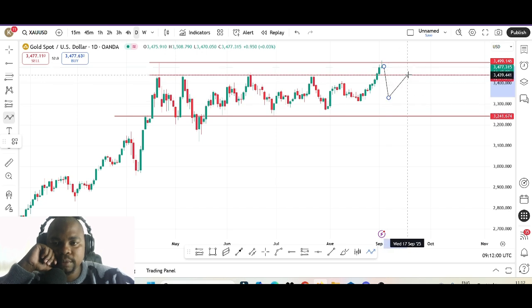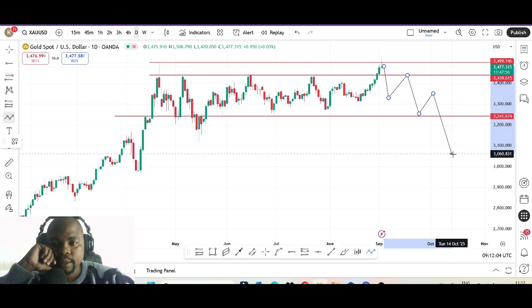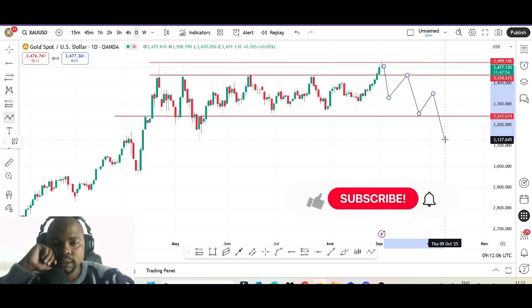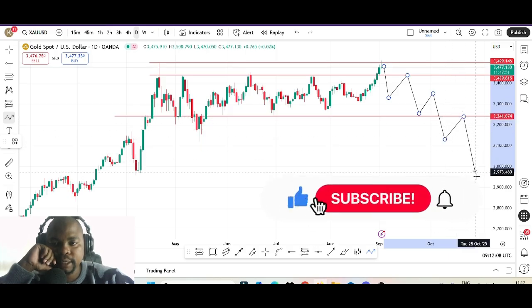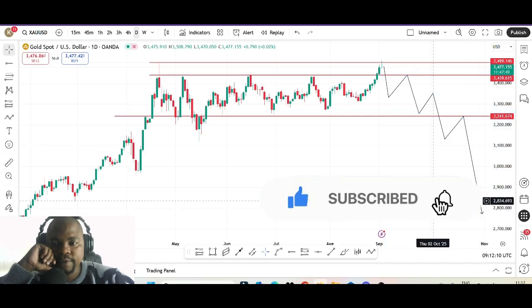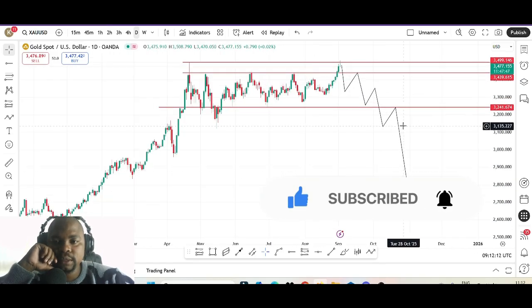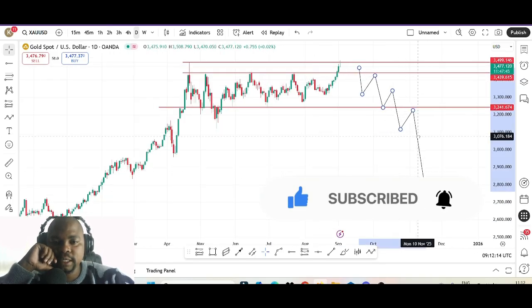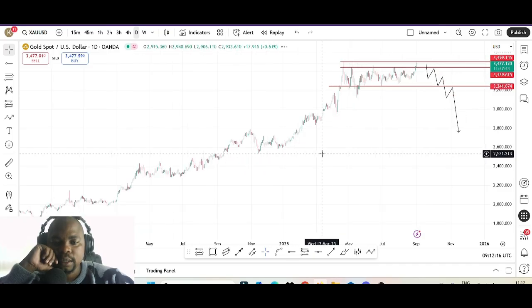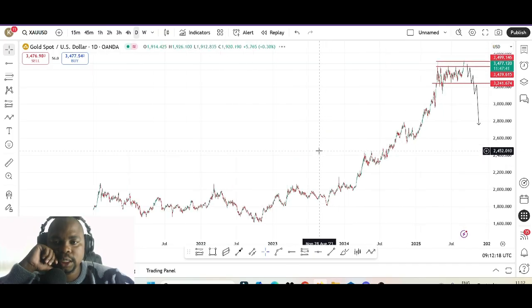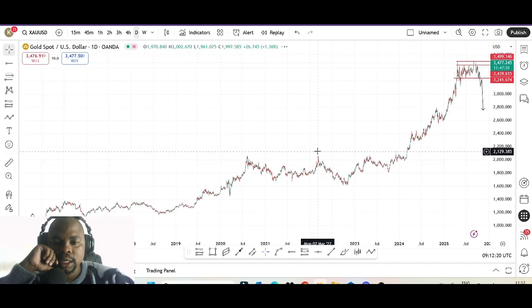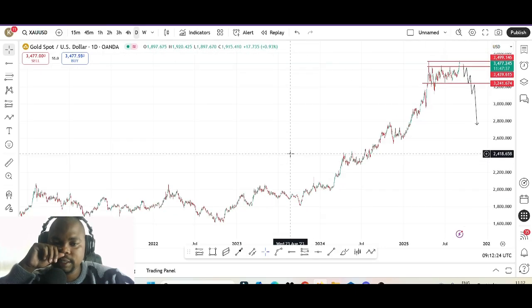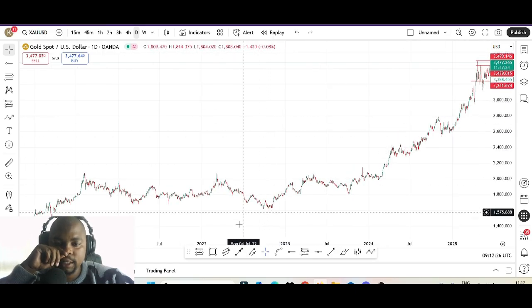Again, this is the most important part: gold giving us the setup, and then gold selling. I wouldn't be surprised to see gold starting to give me this setup here.